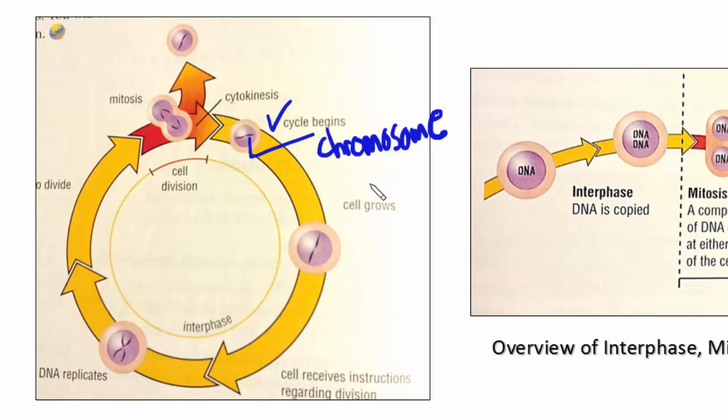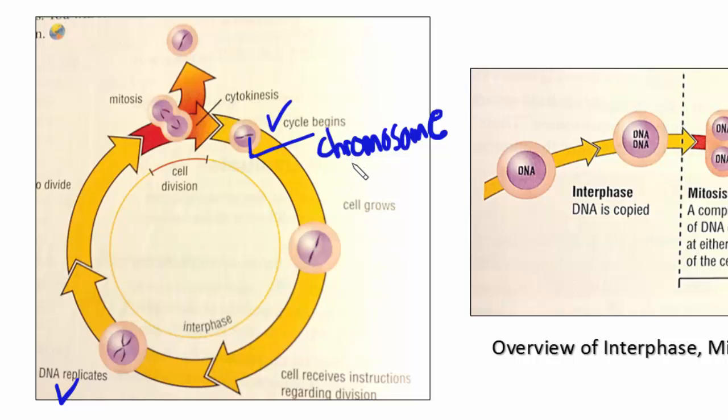We will do that soon. If there was only one chromosome in a cell, and I can't think of any species that only has one, but assume there was, at some point this one chromosome is going to have to be replicated, as you can see down here, DNA replication. You can see an X structure here, which is really two chromosomes that are joined.